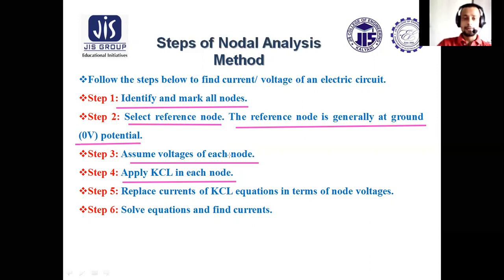Those KCL equations will be in terms of branch currents. In the next step, all those currents of the KCL equation should be replaced in terms of node voltages. And later we need to solve the equations and find the currents.